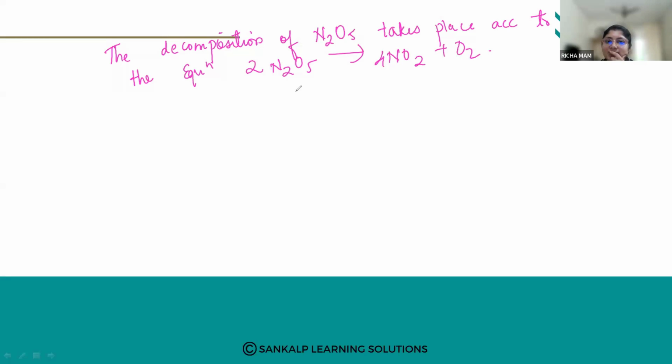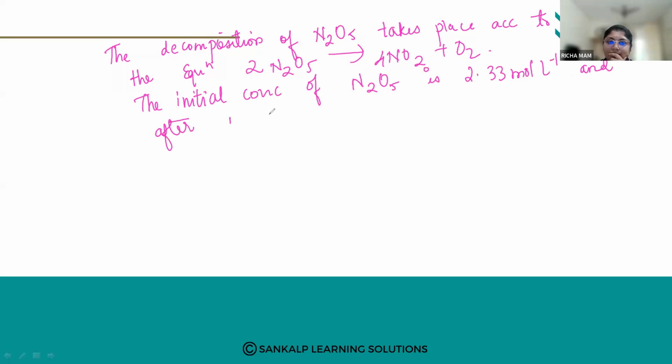The initial concentration of N2O5 is given as 2.33 mole per liter, and after 184 seconds it is reduced to 2.08 mole per liter.